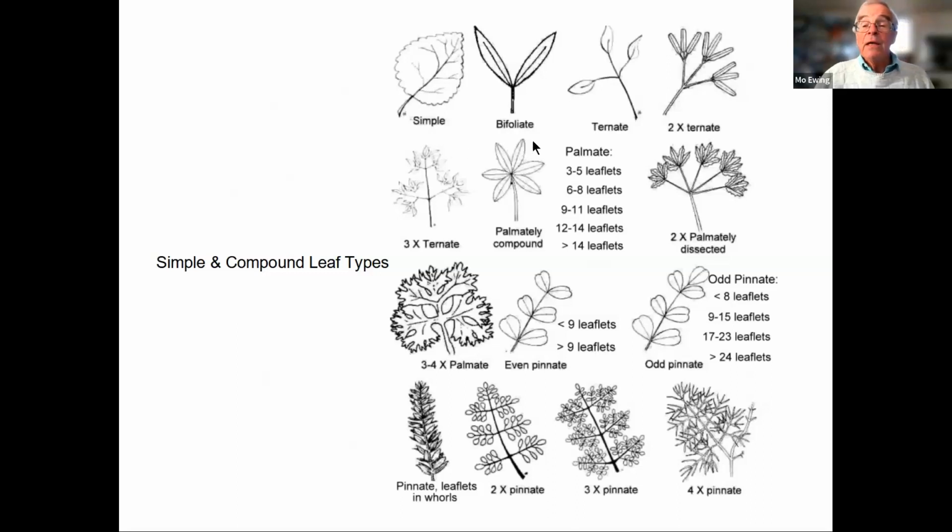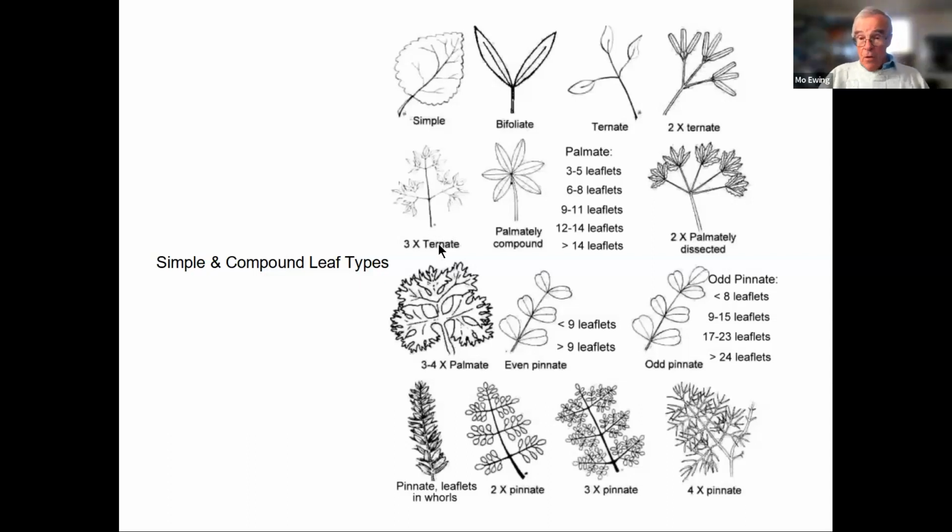But let's talk about the ternate or trifolium, which was the one that we looked at just previously. This leaf breaks off from the stem here rather than up here. So these little guys are not considered leaves, they're considered leaflets. So each one of these will break off at the bottom.